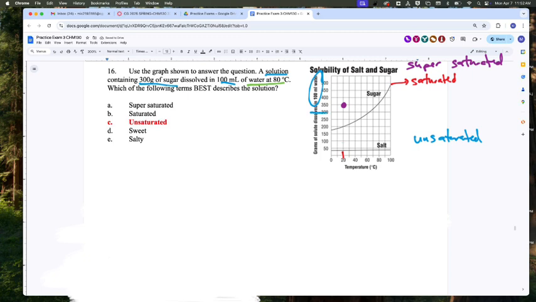So there's our 300 grams of sugar line, and we're at 80 degrees Celsius, where they intersect is what we're talking about. So where is that point? Which means it's unsaturated. That's it. All you're trying to do is interpret the graph based off the information given.